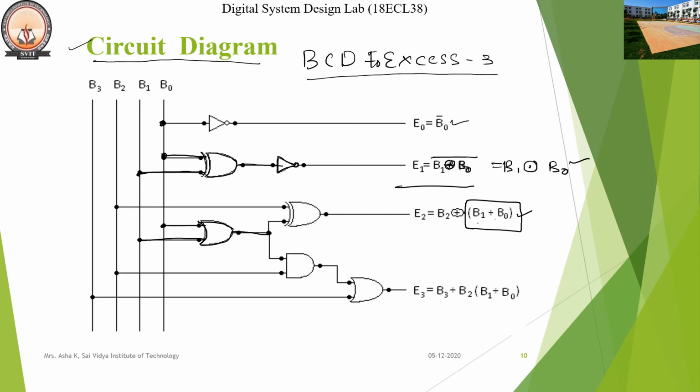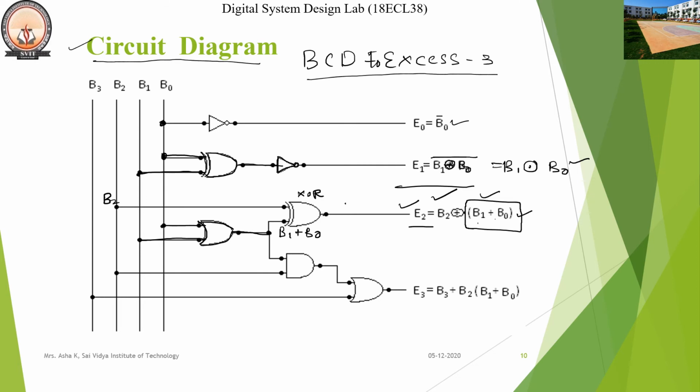And from here, consider the B2 bit, which is connected as one of the inputs to the XOR gate, and another input to the XOR gate is B1 OR B0, and the XOR operation of B2 with B1 OR B0 gives us the XS3 code E2.